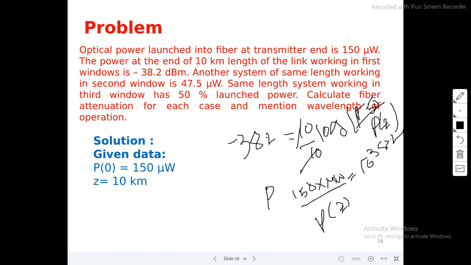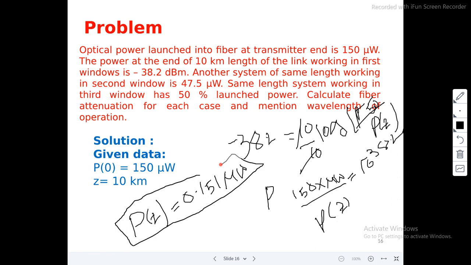So we have simplified the value and substituted all values. Finally you get P of Z. After simplification the final value is P of Z is equal to 0.151 microwatts. So that is the P of Z value. Now you have substituted all values and simplified, finally you get 0.151 microwatts.